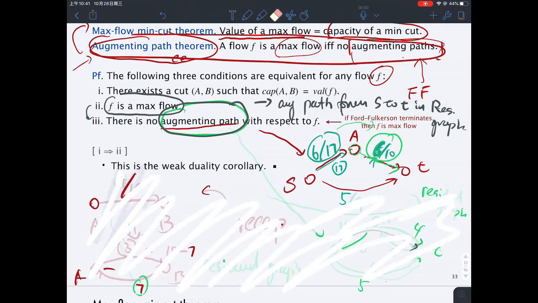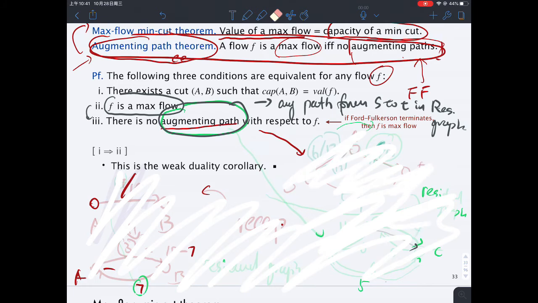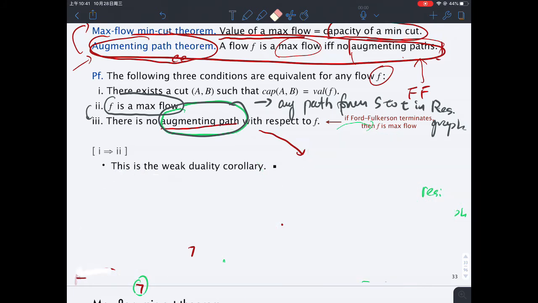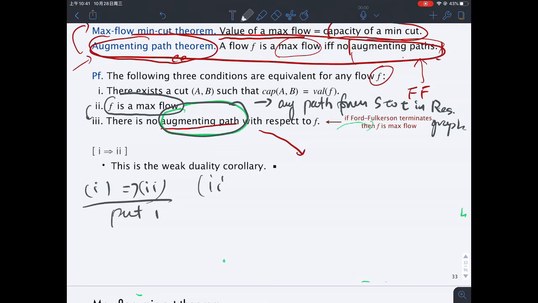So now let's go ahead and prove the statement. We want to prove that all are equivalent. What we need to do is to prove that 1 implies 2; this is our first part. Then we want to prove that 2 implies 3; this is our second part.